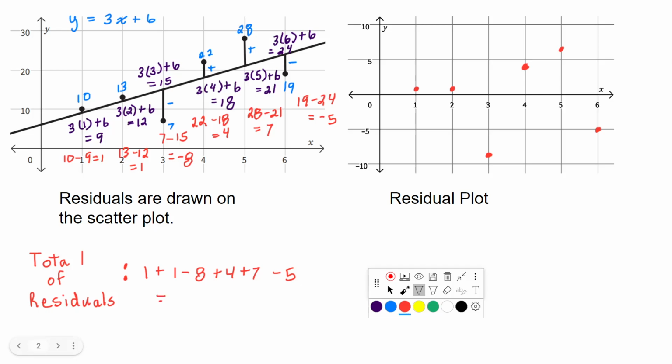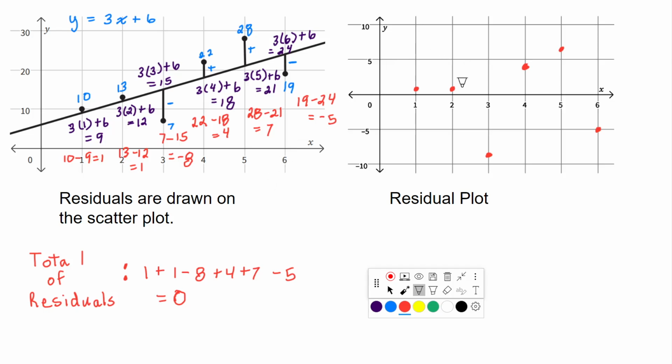This total, 1 plus 1 is 2, subtract 8 is negative 6, plus 4 is negative 2, plus 7 is 5, plus 5 gives me 0. If the sum of my residuals is 0, then I do in fact have the best fit line. I do have the best linear regression line for my data.